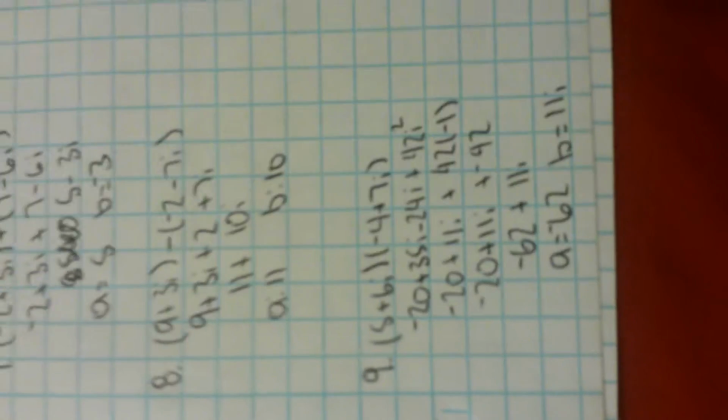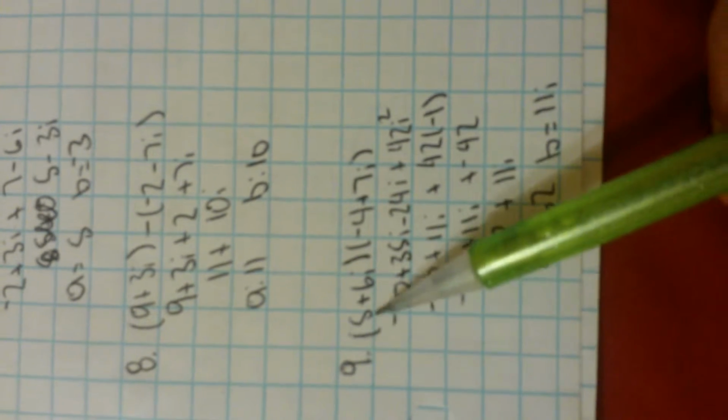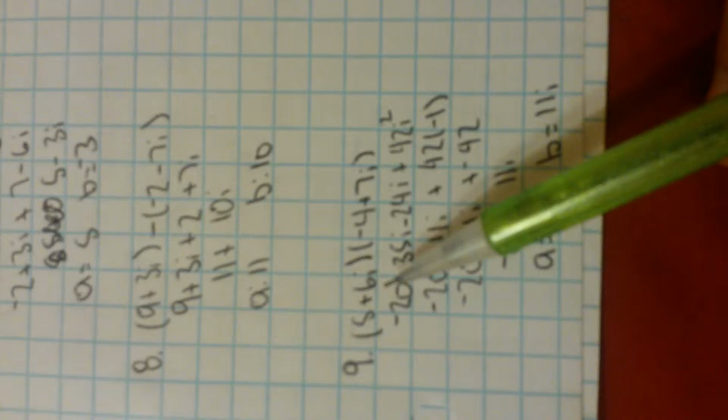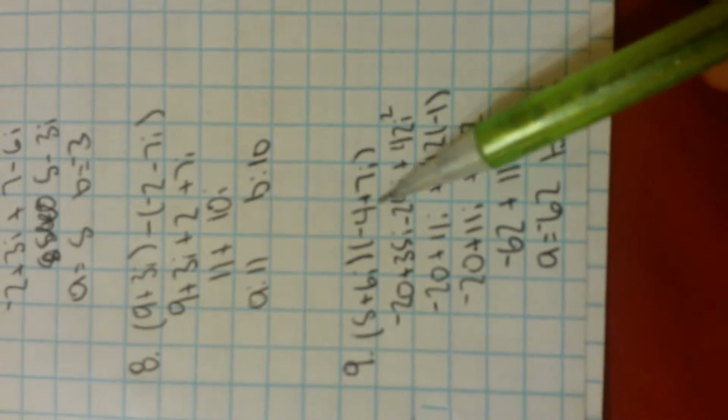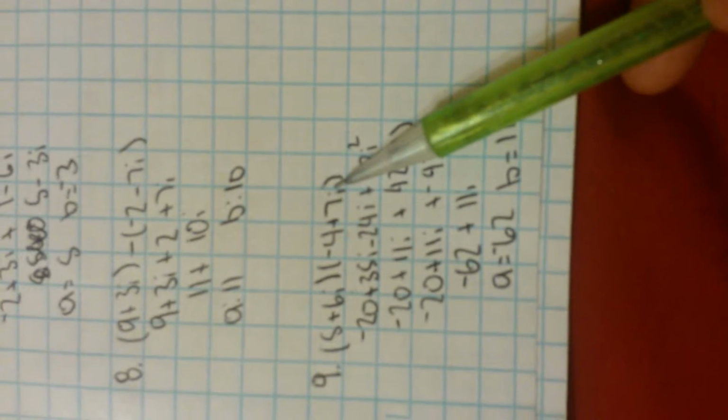Now multiplying is a little different because when multiplying imaginary numbers, you want to distribute every last thing. So the 5 will go to the 4, the 5 will go to the 7i, the 6i will go to the -4, and the 6i will go to the 7i.